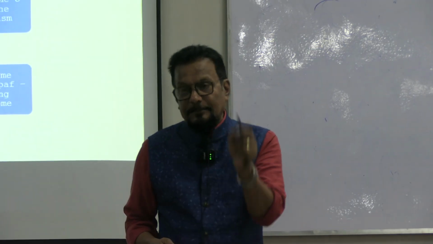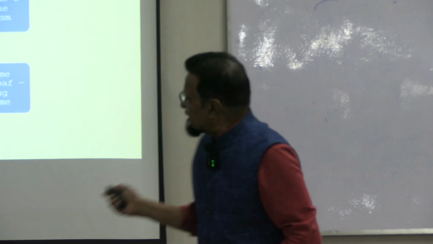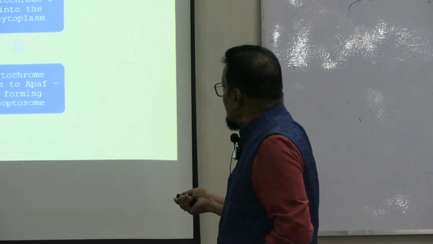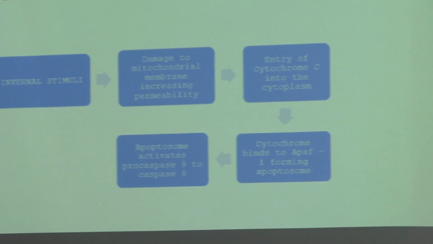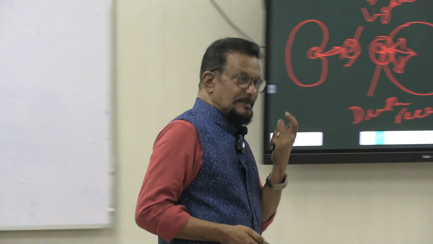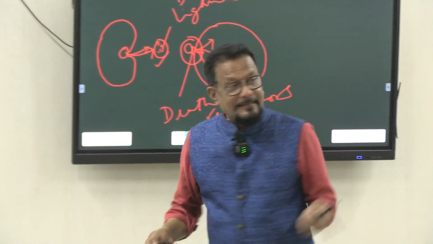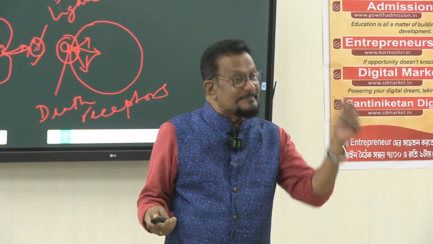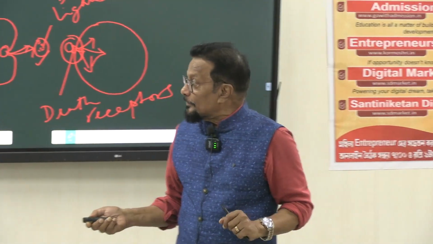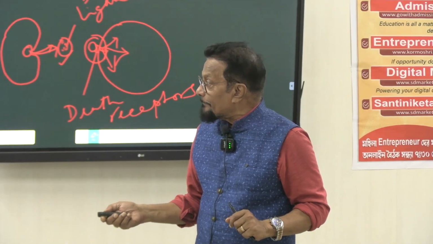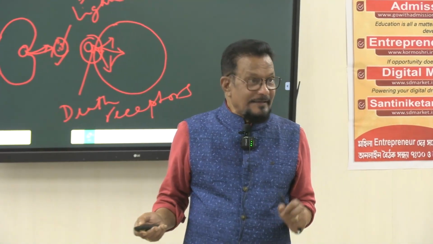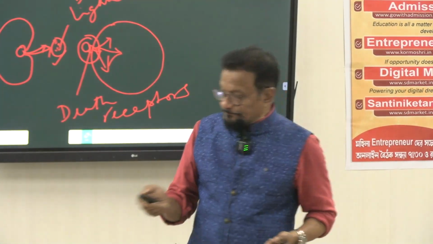This is essential. Ultimately, you have to produce this. Here it is caspase 9, but in the other pathway we will get caspase 8. Here caspase 9 is formed, and then we will see what happens when this is formed. Just watch what happens after this is formed. When it is activated, what happens?